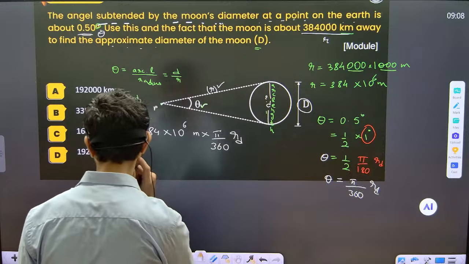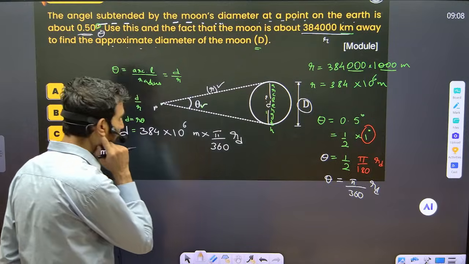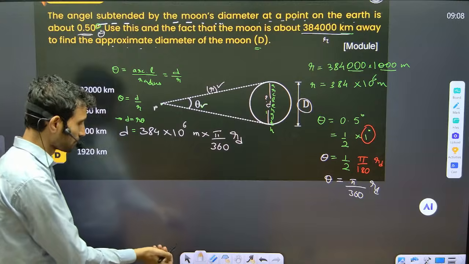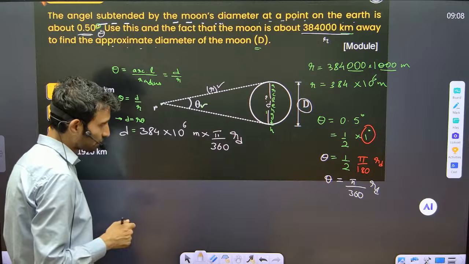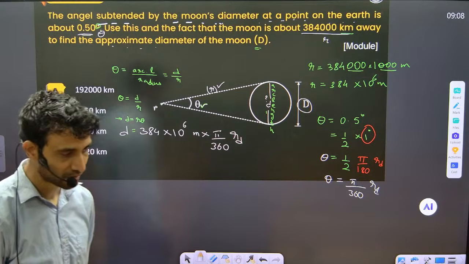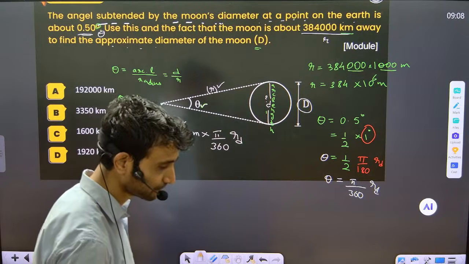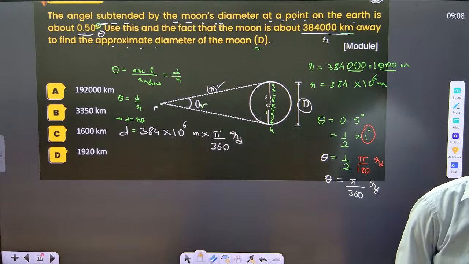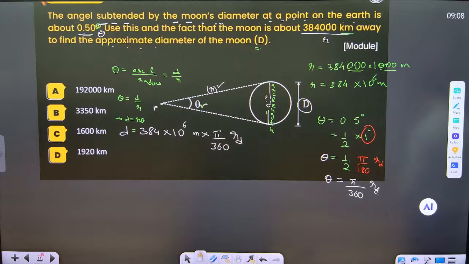So let's do the crude calculation, because the actual calculation you can do yourself. So I'll do the crude calculations. Or let's first do the actual calculation. So you kids try doing the actual calculation and see which option you are getting. And then I'll do the crude calculation.